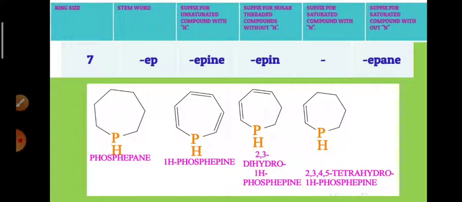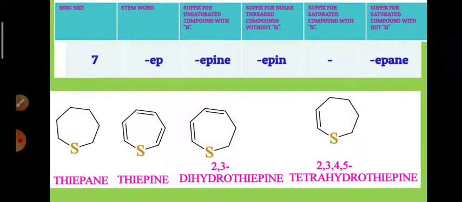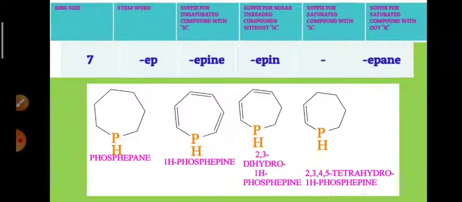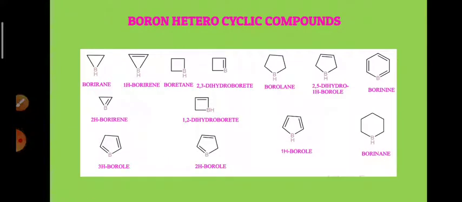So these are some phosphorus heterocyclic compounds, and these are some sulfur heterocyclic compounds with ring size 7, try to give the names on your own. These are some boron heterocyclic compounds, try to give the names on your own, practice well.